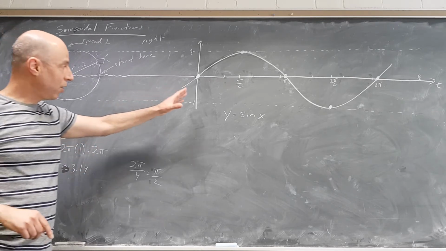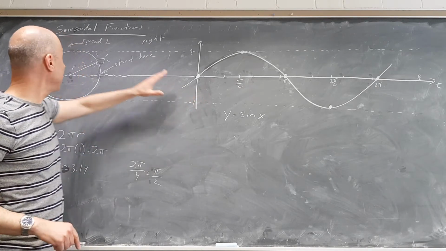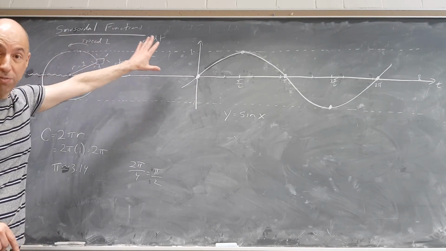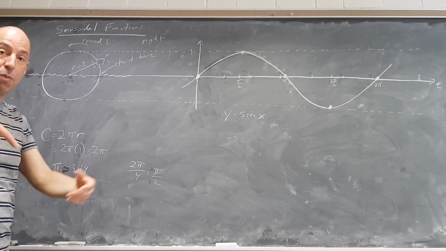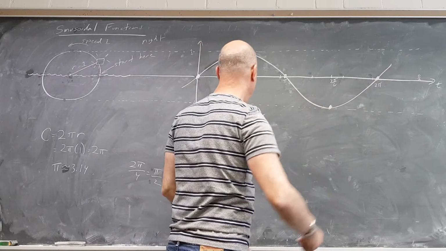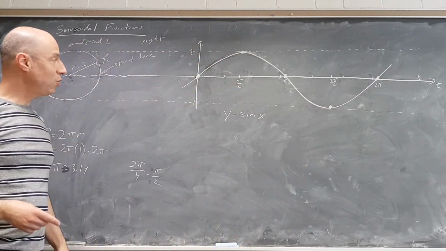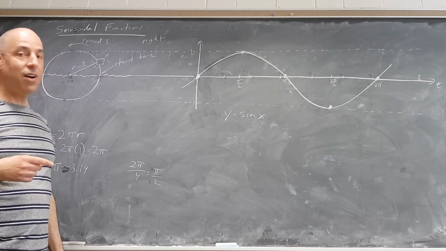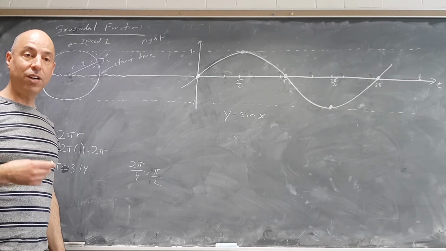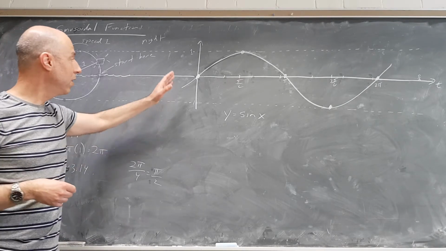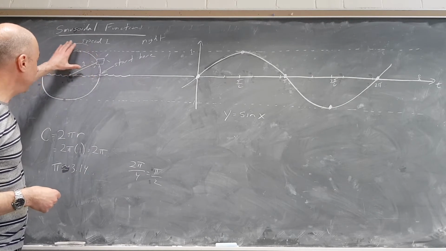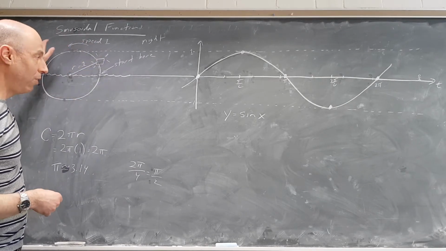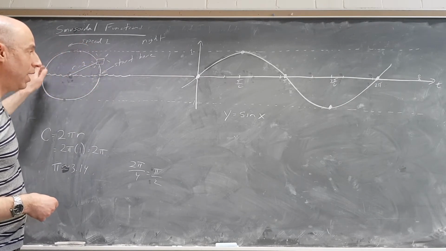And a curve that's shaped like a sine curve or a cosine curve is called a sinusoidal function. It's just that general shape, that nice wavy shape. And this is why we spend so much time talking about sine curves and cosine curves, because they are just one dimension of this very natural motion in a circle.